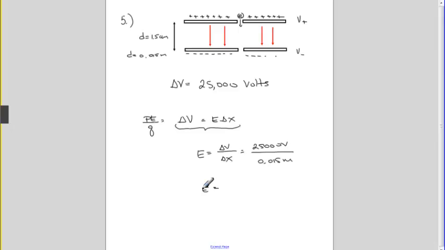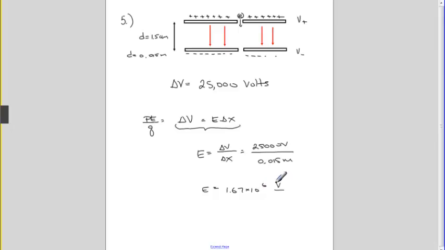get my calculator out. So we get 25,000 divided by 0.015, which is equal to 1.67 times 10 to the 6th power.